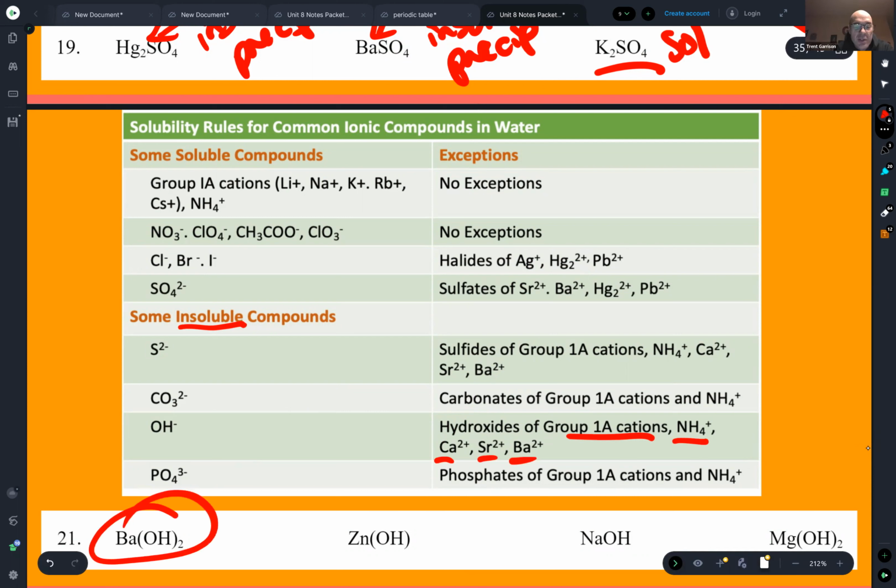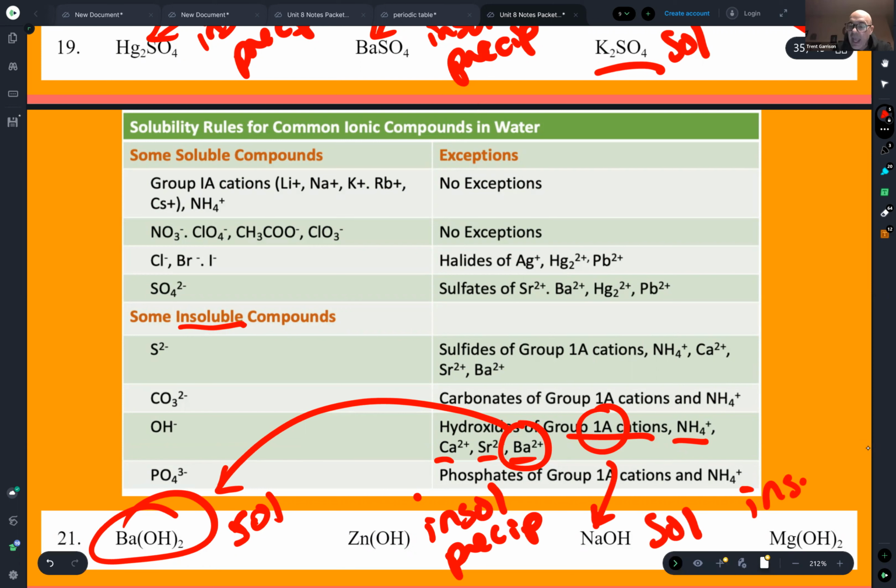It will dissolve. Zinc is not on it, and it will have a precipitant. Sodium is one of the group 1 elements. It is an exception. Magnesium is not an exception, so this is insoluble and it will form a precipitant.